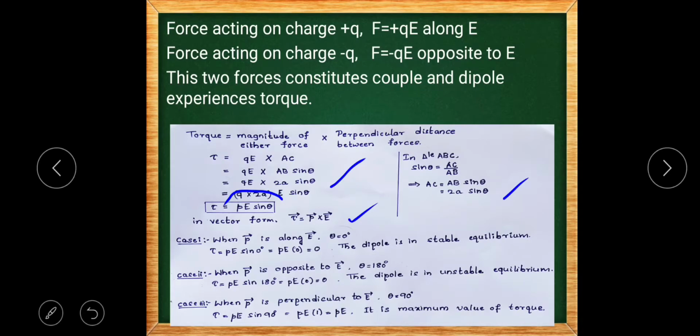Case 1, when P is along E, means the dipole moment is acting along the direction of the electric field.